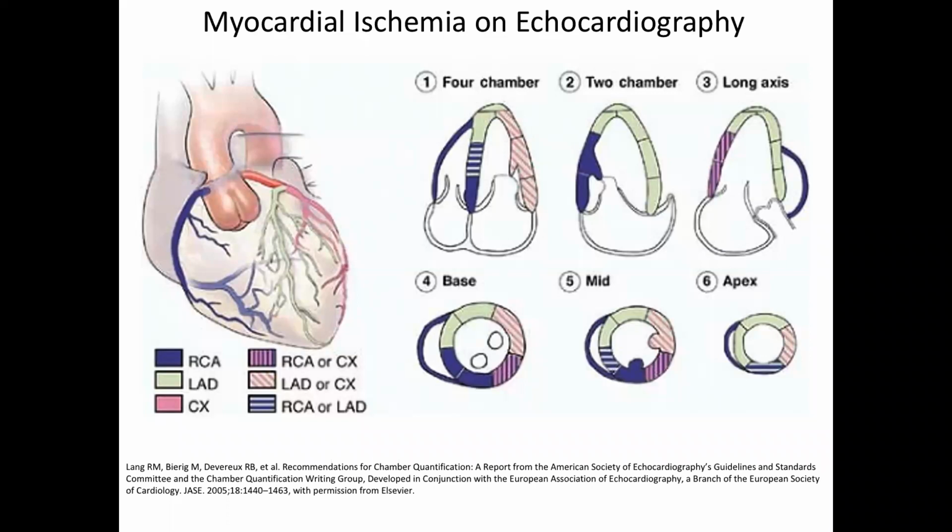You can see not only are these segments big, the territory fed by the artery is multiple segments, so it's even bigger. And these striped ones can be fed by one or the other or both.